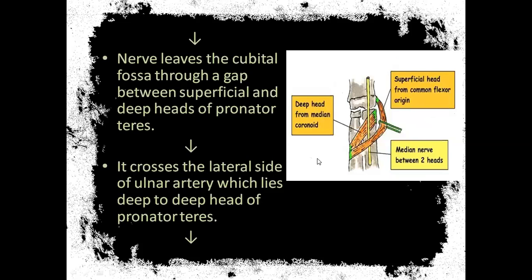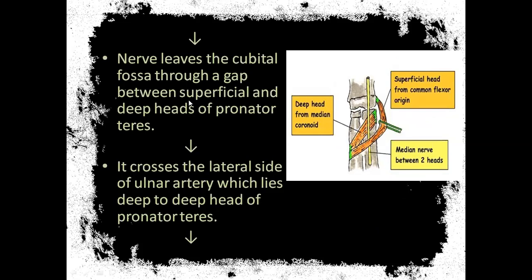Then see here. What is the name of this muscle, beta? Pronator teres. It was forming one of the boundaries of the cubital fossa, the medial boundary. Between the two heads, the median nerve is going down now.